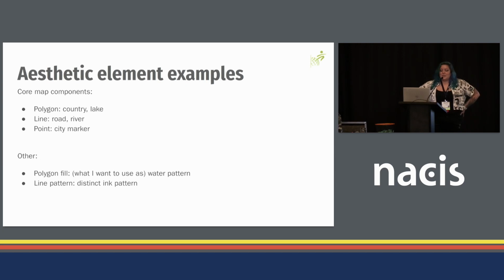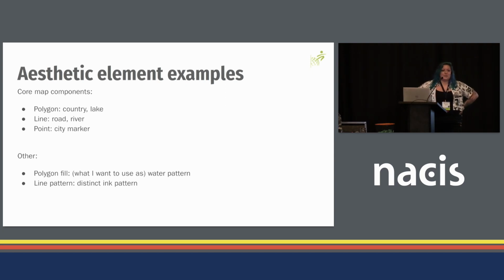But just to summarize, here are some examples of core map components for aesthetic element pieces. For polygons, you might be looking at country polygons or lake polygons. For lines in an old map, you might be looking at how the roads look or how the rivers look. And for points, as an example, a city marker.